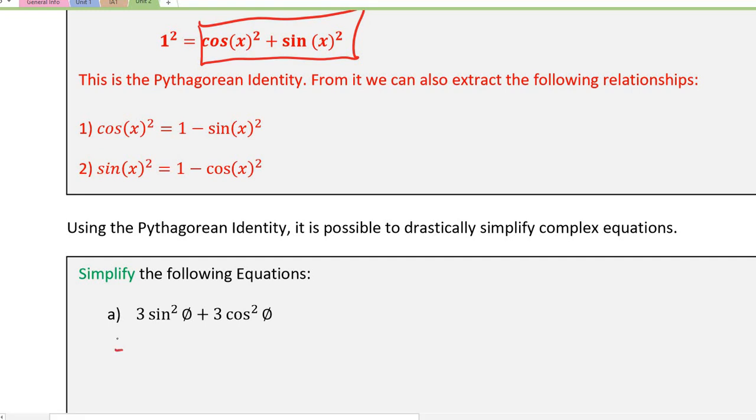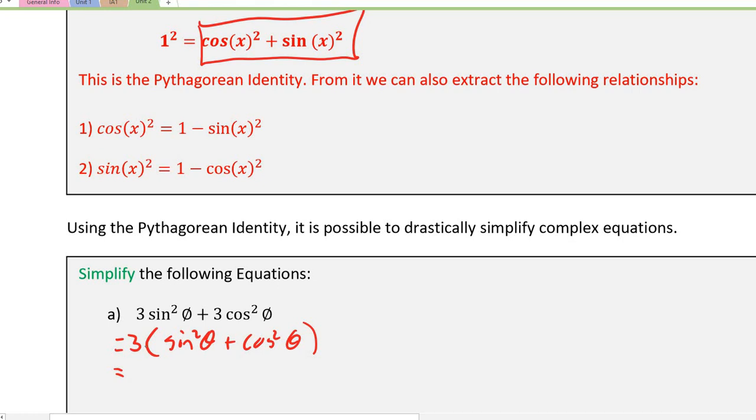So that would just be equal to 3 bracket. So we've just taken a common factor of 3, chucked it in front of a set of brackets. Inside the bracket, we have sine squared theta plus cos squared theta. What's that equal to? 1. But what happened to the other 3? You only put 1 3 in front. Yeah, because I'd taken a factor from both of them out.